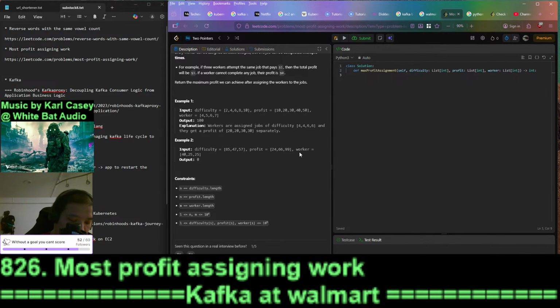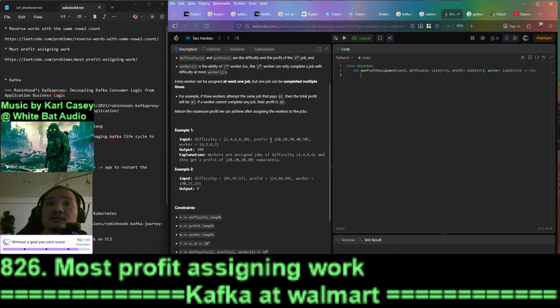Let's just first implement the first solution for mn log n. Basically we have to sort difficulty here.